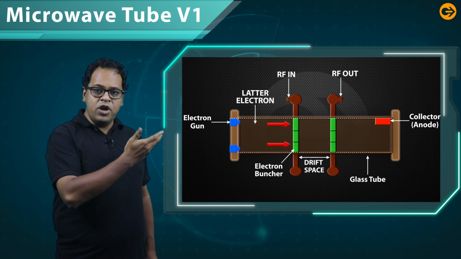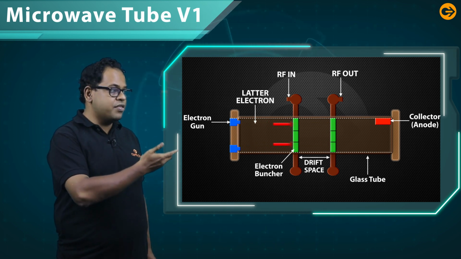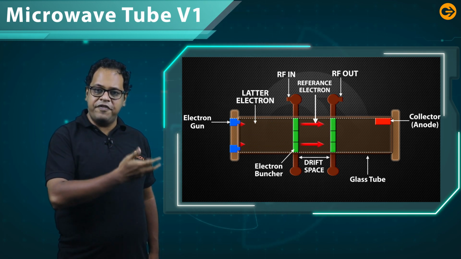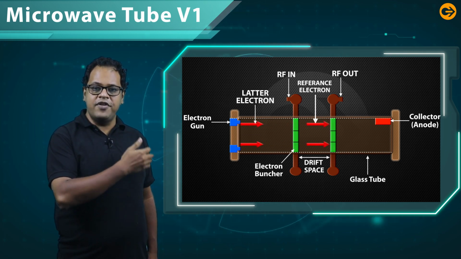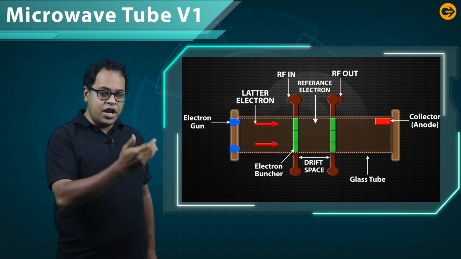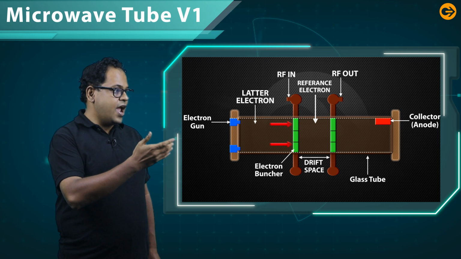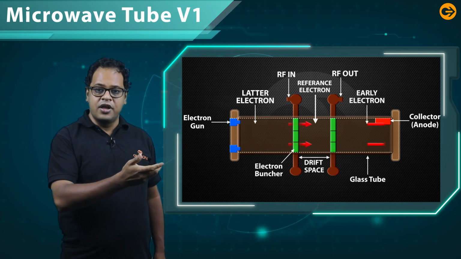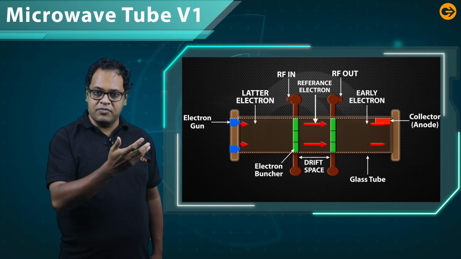The electron in between the two cavities is known as the reference electron. That means this velocity is used as a reference for this two-cavity klystron. And the electron in between the catcher and the collector is known as the early electron. Here the velocity is high.